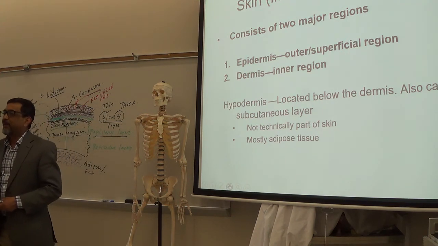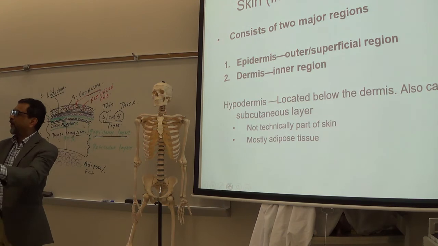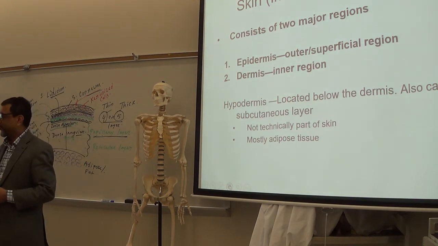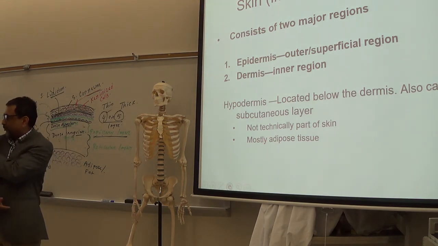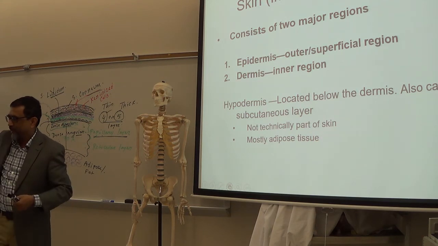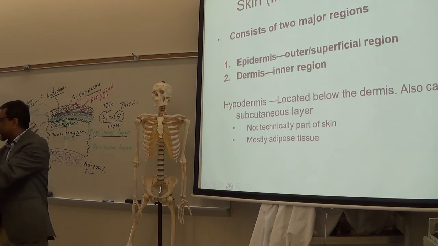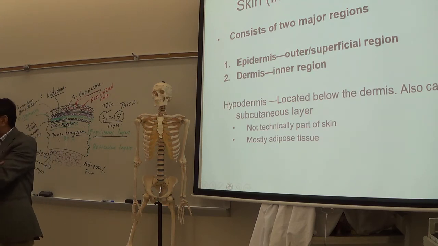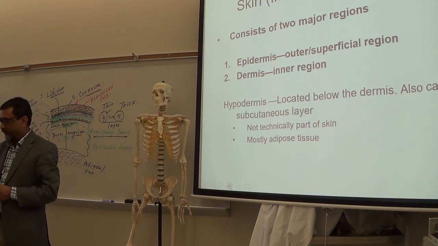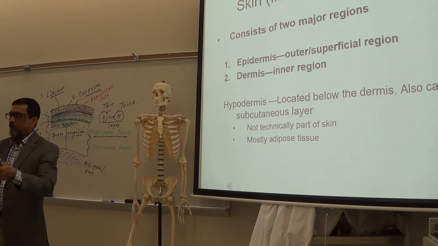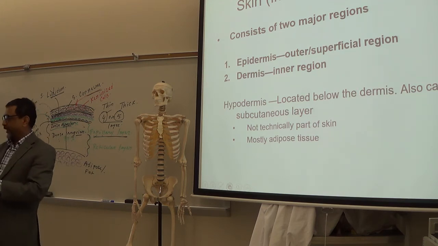Now, you tell me, what are the other routes of injection? Intramuscular, right? Very often we give injection into the muscle, and intravenous, into the vein, right? So those are common routes. Intramuscular, intravenous, subcutaneous.